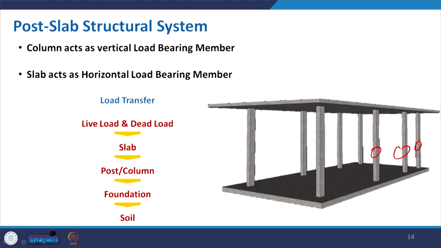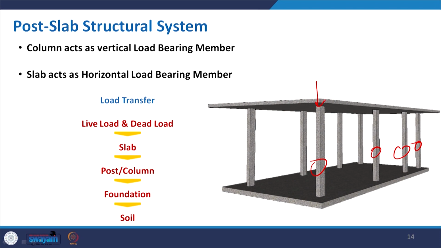Now, come to the third category. In this case, as I mentioned, there will be no lintel or beam. Here there are multiple columns placed, and just on top of them the slab is placed.